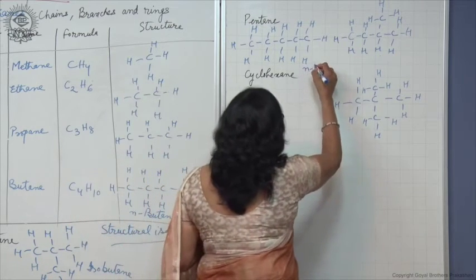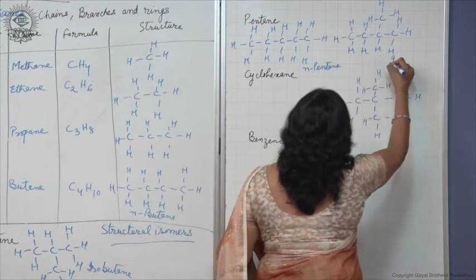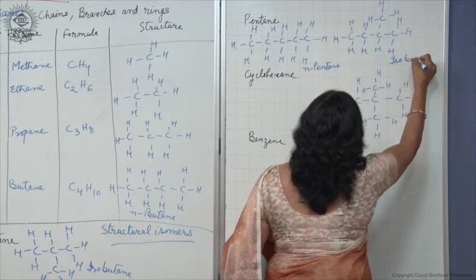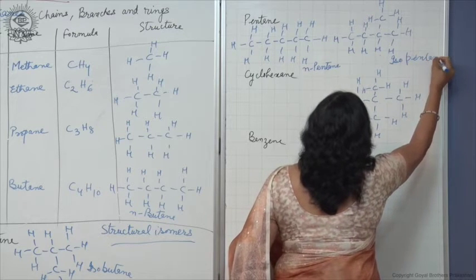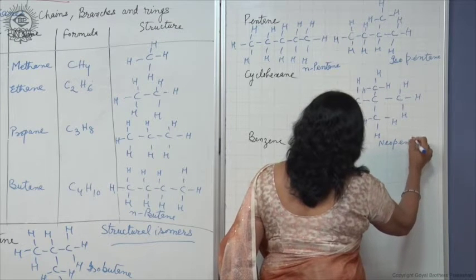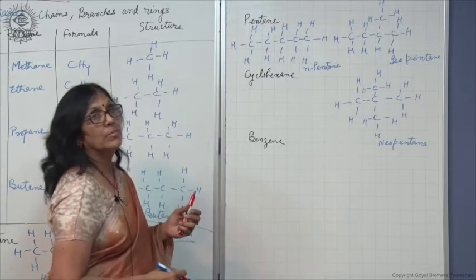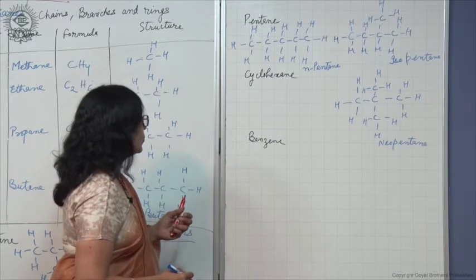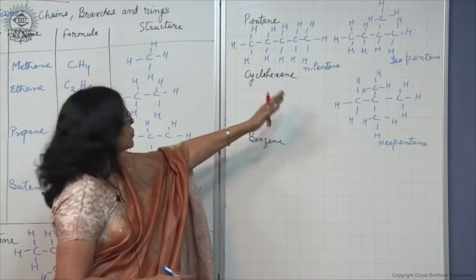The first one is called N-pentane, the second one is isopentane, and the third one is neopentane. Same molecular formula, but different structural formula. So, this is about the branched hydrocarbons.